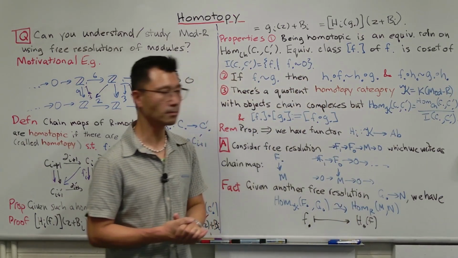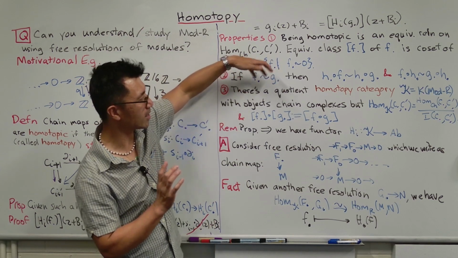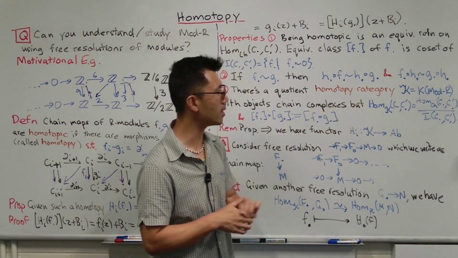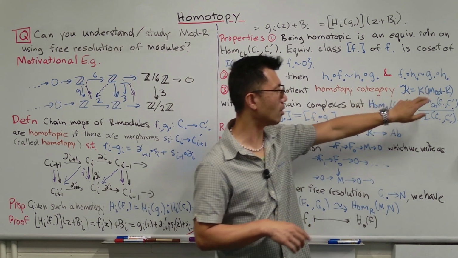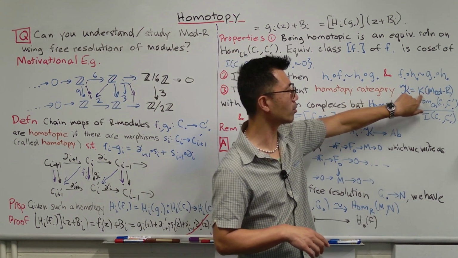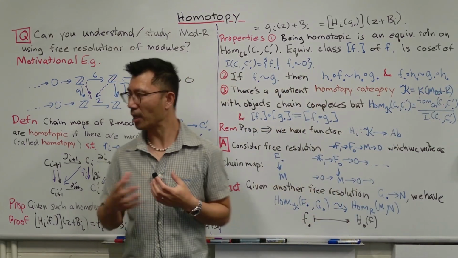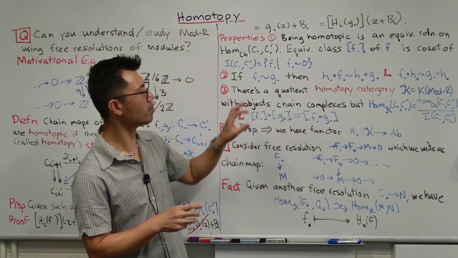And that allows us to do something really interesting, and that's to form what's called the quotient homotopy category. I'll denote it with this color graphic K here, and often it's given by the symbol K of the category mod R. Again, we're just looking at chain complexes, but we're going to change the Hom sets a little bit.